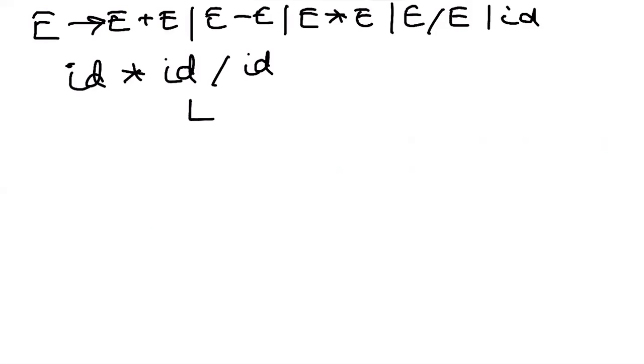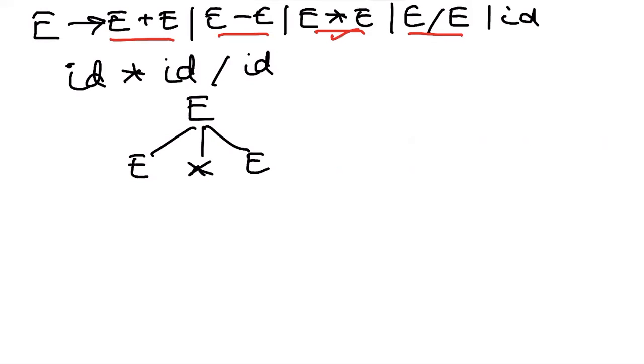I start with the start symbol E. Okay, so I can apply any of the different productions that we have here. All right, so let me apply this production. So what I'll do is I will use this E into E.